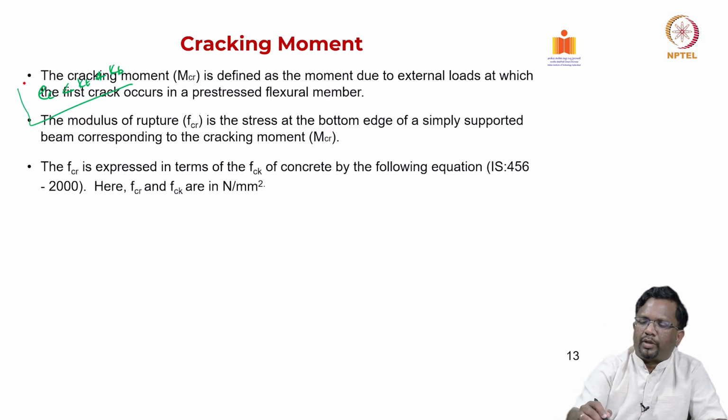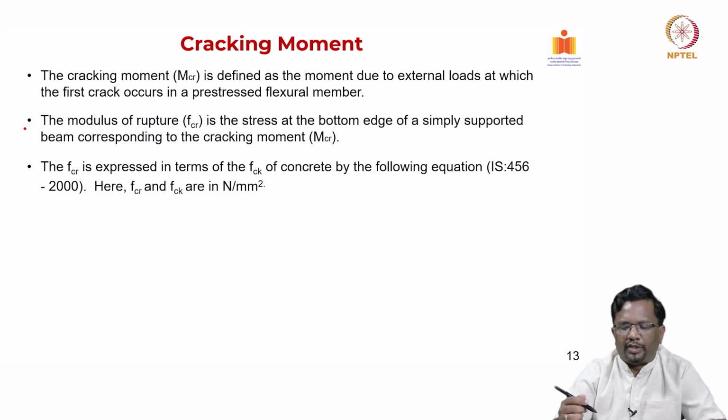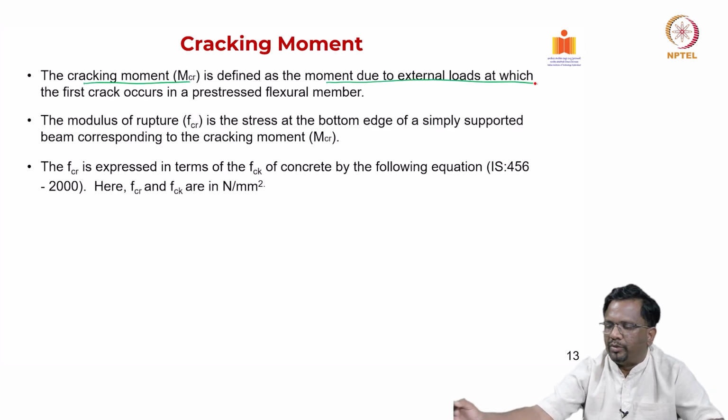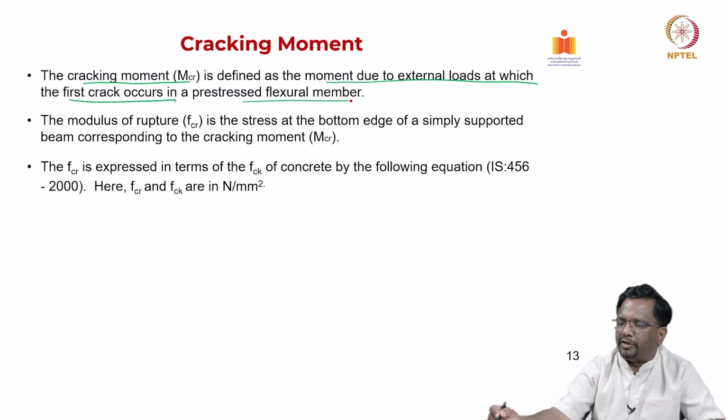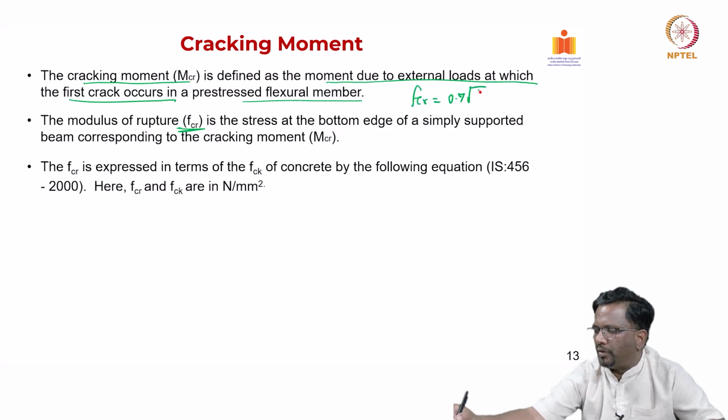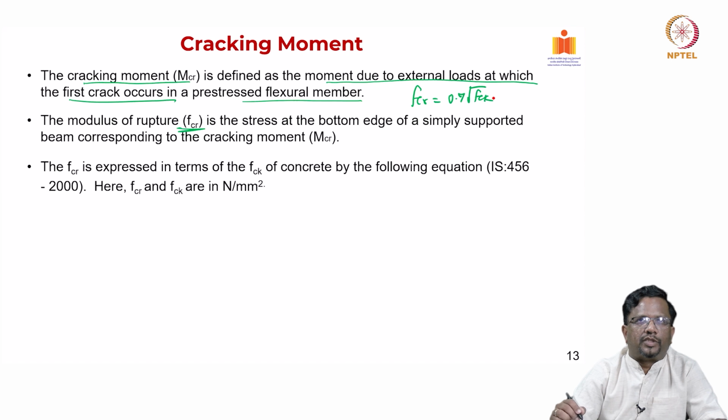Now, let us look at the cracking moment, which we have studied previously also. The cracking moment is the moment due to external loads at which the first crack occurs in a prestressed flexural member, right? And that is a function of your fcr, and fcr we take as 0.7 square root of fck, right?